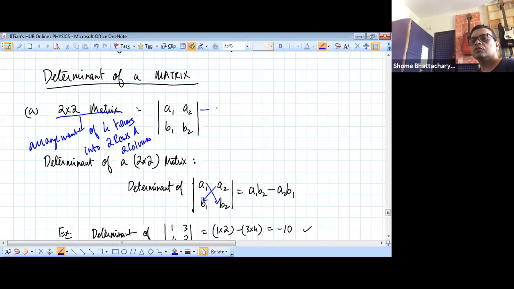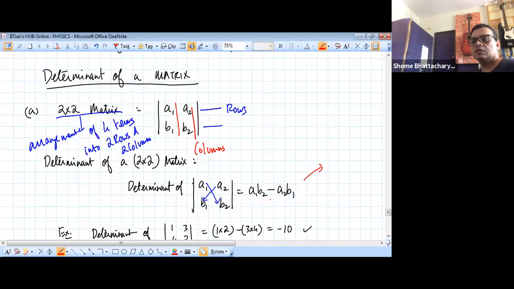Okay. So these are the rows and these are the columns. Okay. So when we arrange 4 numbers into 2 rows and 2 columns, it is called a 2 by 2 matrix. And the determinant of a matrix is given by this formula.